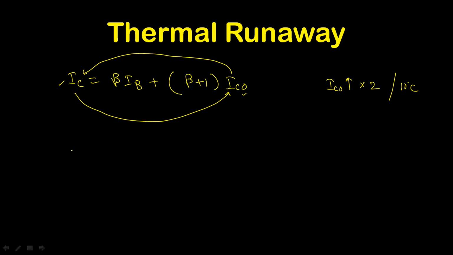This effect is called thermal runaway, where due to the temperature, ICO increases, and this will further enhance collector current. And this recycling effect, that means this loop, is basically the thermal runaway of BJT. That's a serious problem that happens in BJT circuits. So we have to design a proper biasing circuit for that.